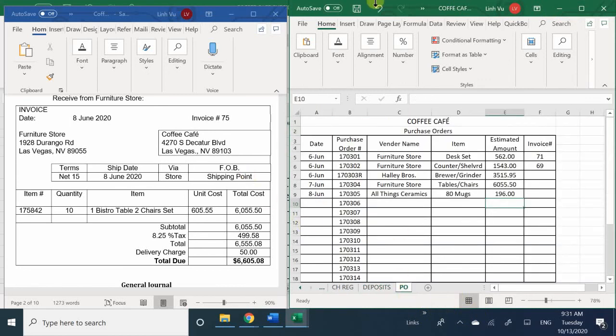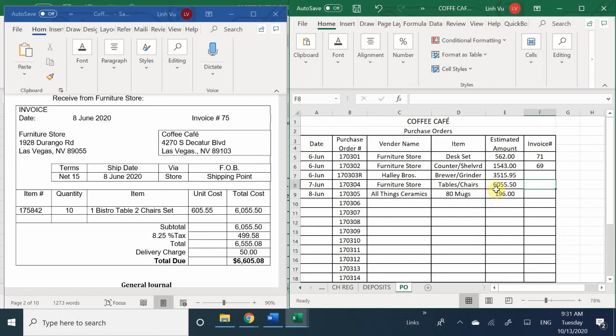So in this case, it should be the very fourth purchase order number 304 for the tables and chairs for the 6,055.